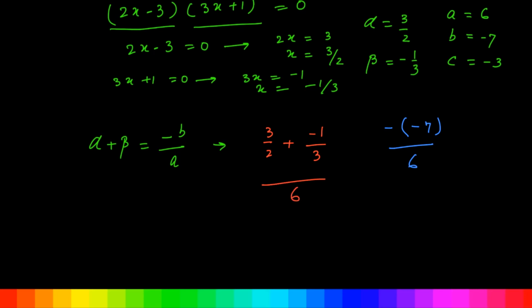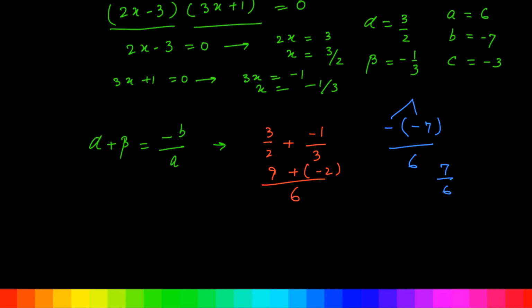We'll take the LCM as 6. So 2 divides 6 three times, so 3 multiplied by 3 is 9, plus 3 divides 6 two times, 2 multiplied by minus 1 is minus 2. Minus minus becomes plus, so 7 by 6.